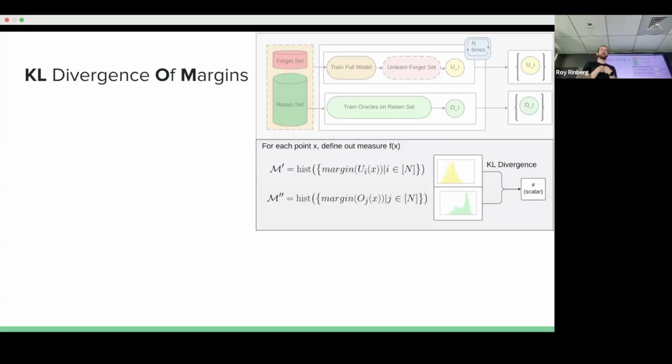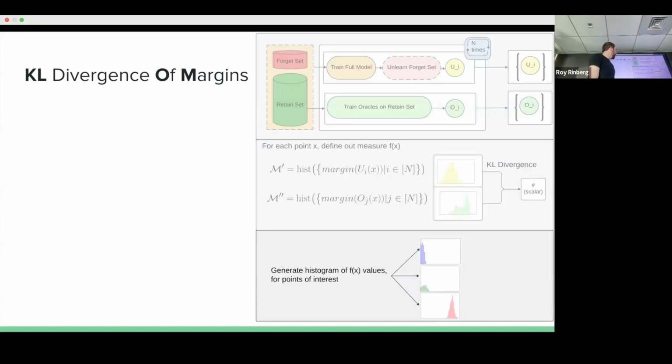We collect a histogram of margins for the unlearned models and for the Oracle models, so there are two histograms. We compute some divergence, we're going to talk about KL, but it can be anything. That gives us a single number for a single point. Then we generate a histogram of these for multiple sets.